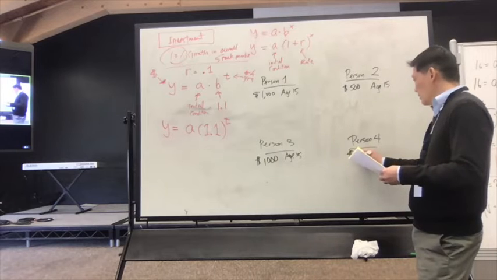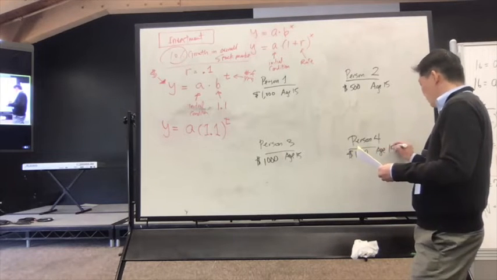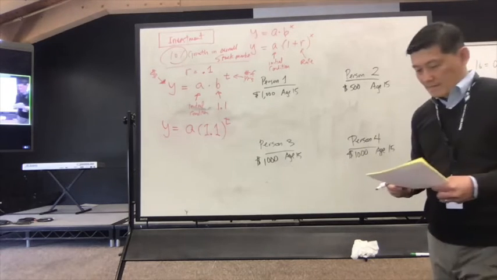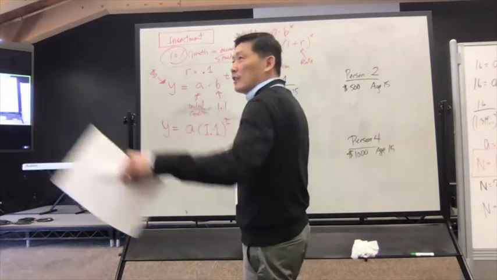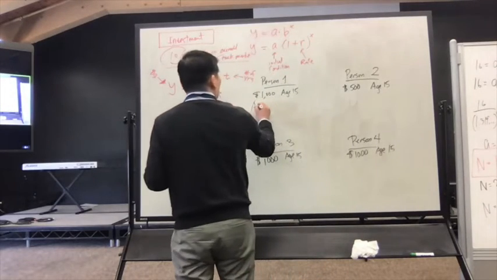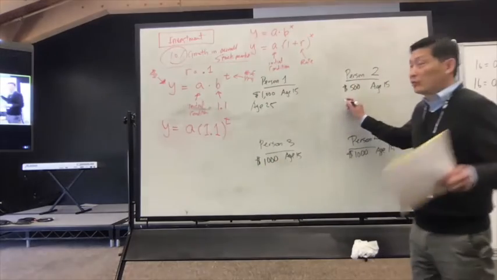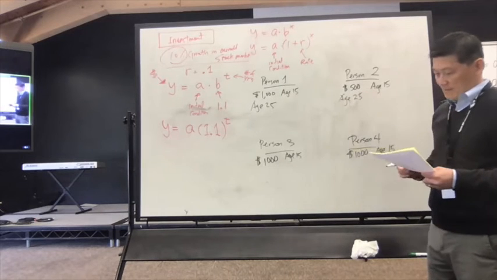Last person, $1,000, age 15. But person 1, you decide to cash in at age 25. Person 2, you want to cash in at age 25.